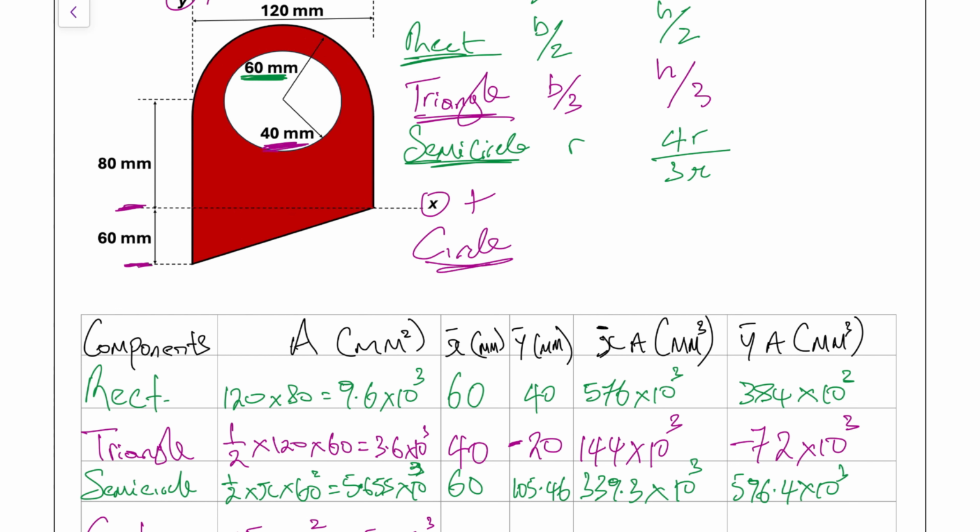And for the circle, we need to be very careful here because in this instance, yes, our x bar, y bar will be the radius, but that's going to be according to our reference axis. So if we go across here, up to this point, that's representing our 40 mil. But we need to go all the way across to the axis.